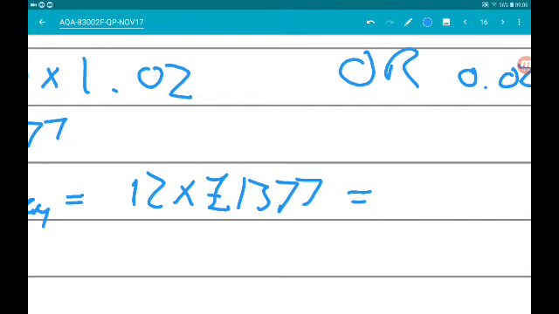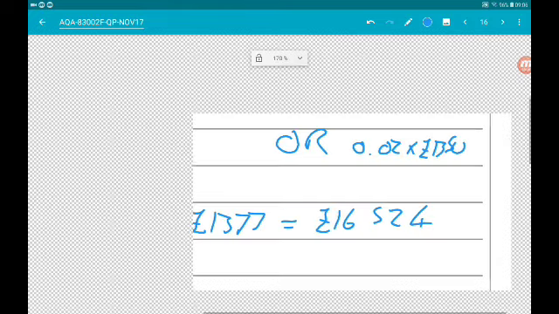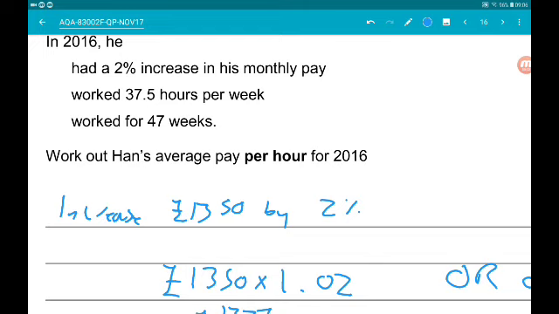So if we multiply that by 12, we get 16,524 pounds. Now we are trying to find his average pay per hour.